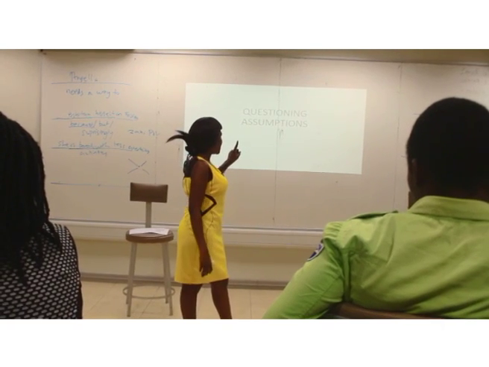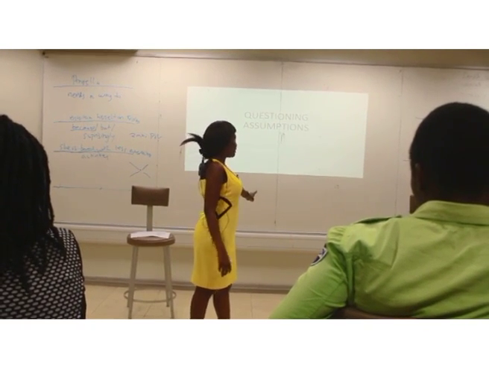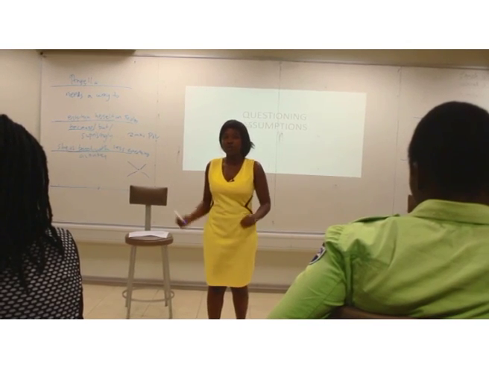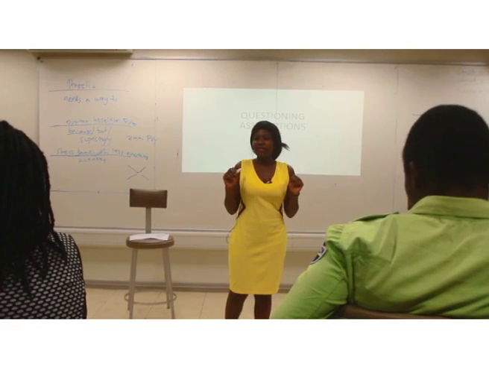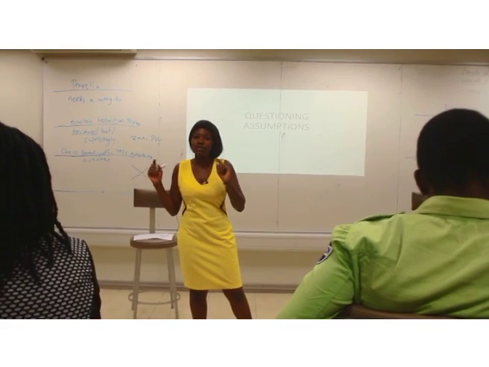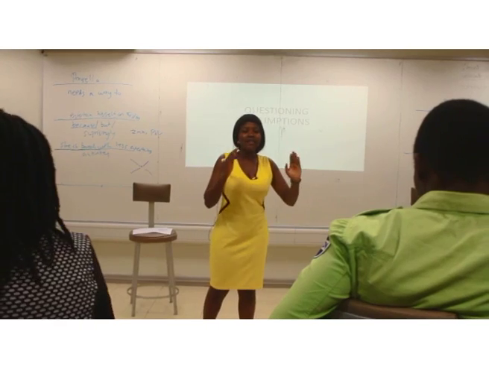The first one is questioning assumptions. That's the first one I'm going to talk about. Our society today has things that they've tamed as the normal way to do things. It's an orthodox way of doing things. We know that cars move on 4 wheels.